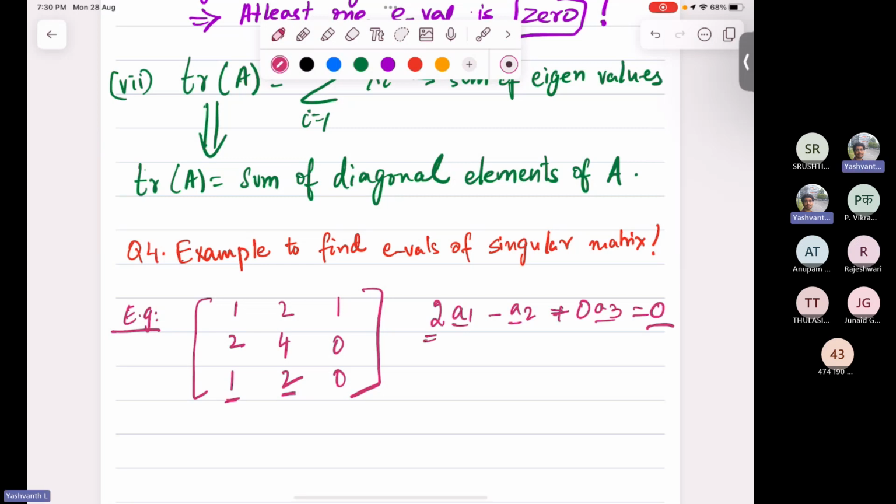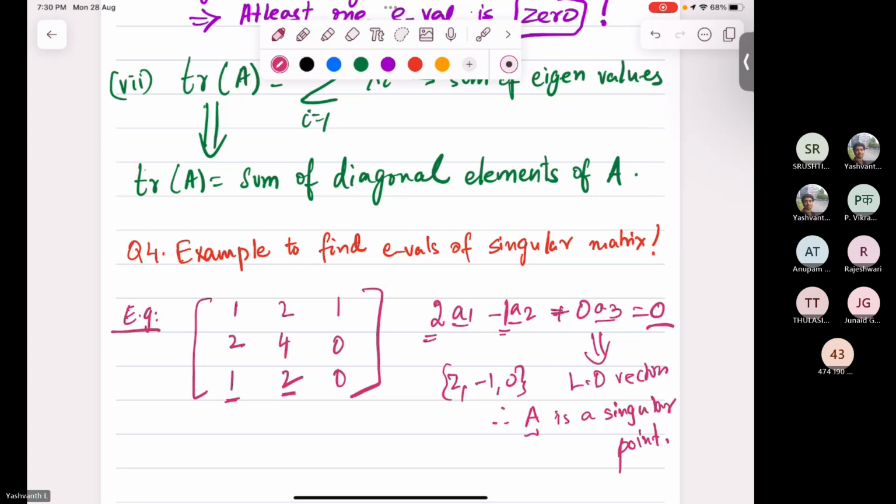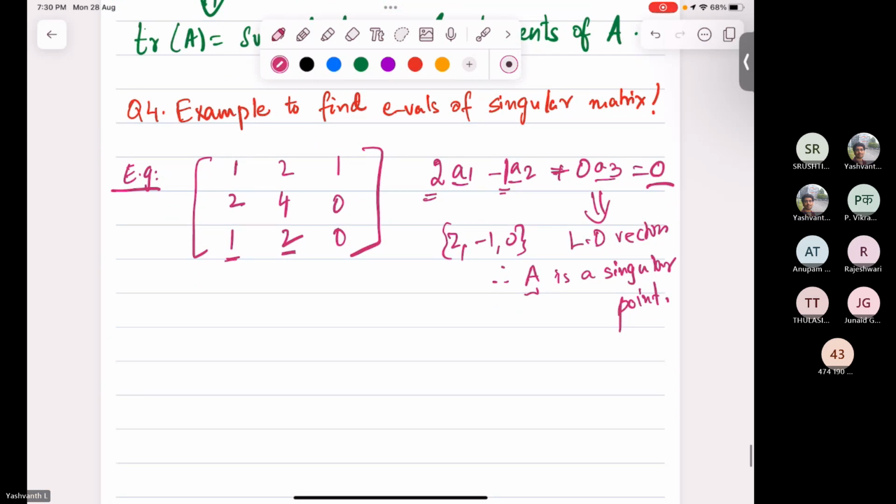I found three numbers 2, minus 1 and 0 such that the linear combination is 0. This means A1, A2, A3 are linearly dependent vectors. Therefore, A is a singular matrix. I hope you agree with this point. Now let's try to find the eigenvalues of such a singular matrix.